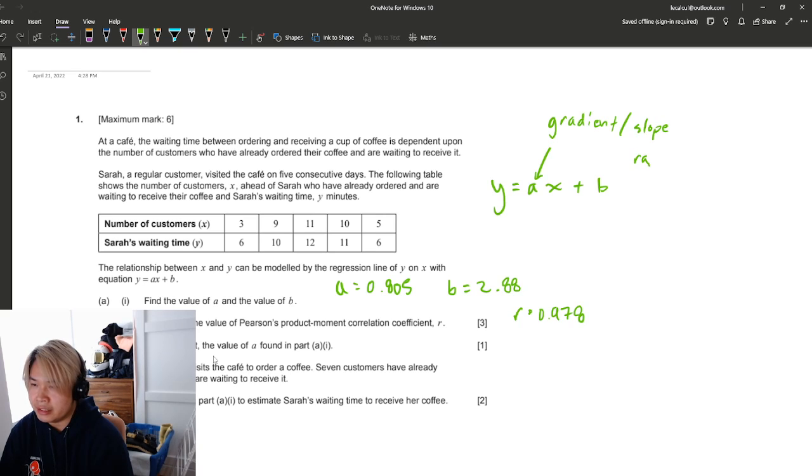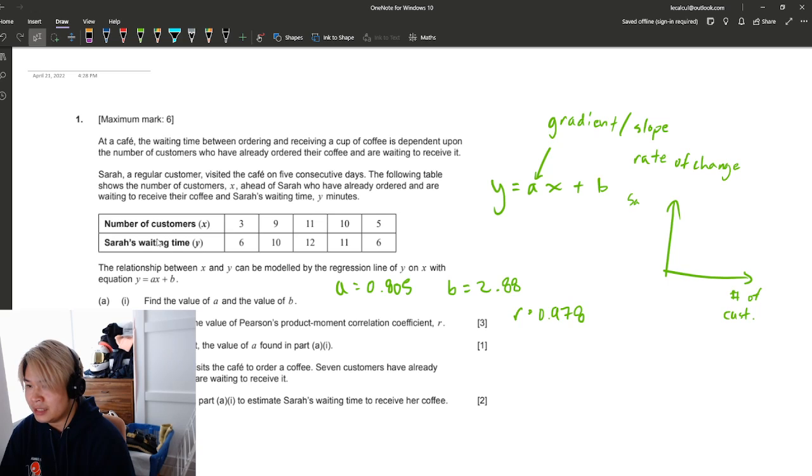In other words, if you apply that to data that has units, this is your rate of change. If we were to graph these, we have number of customers as my X value, and my Y value is Sarah's waiting time.